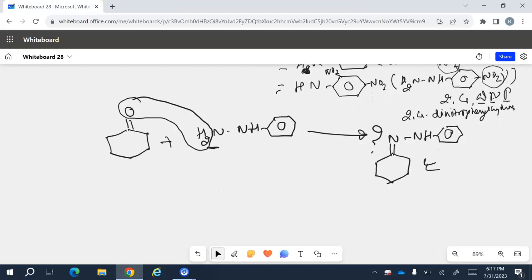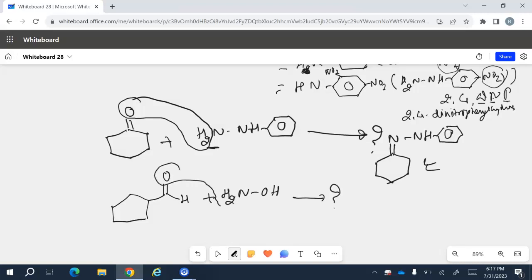Likewise, say for example, you have a 5-member ring, and somewhere here, suppose you have this aldehyde. Then you are reacting with hydroxylamine, and you are asked, okay, give me what is the product of this reaction. Then what we do again, carbonyl group with NH2OH. You lose this water molecule, the condensation reaction, and the result is you have a double bond N and OH.